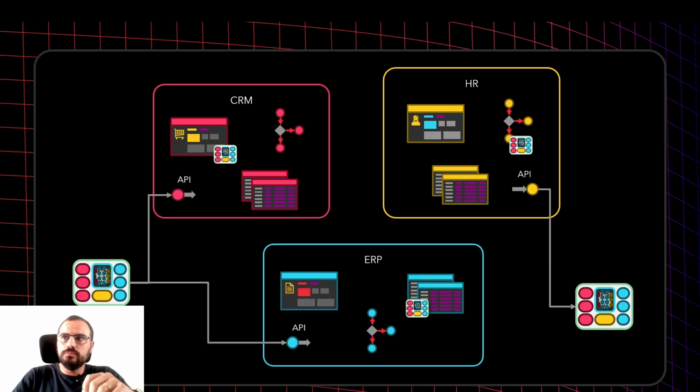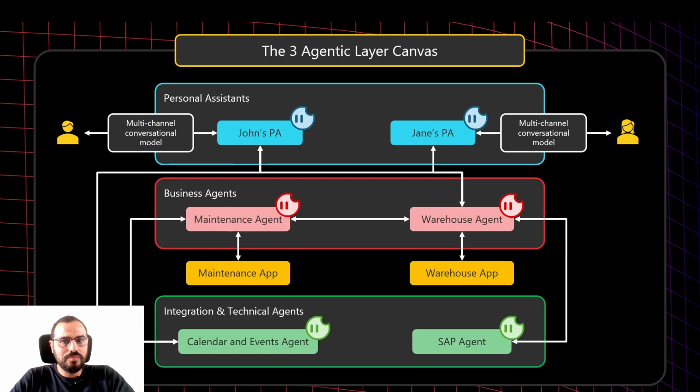And so, due to the reason that I started noticing that we could have these different layers of agents, I came up with what I call the three agentic layer canvas. And yes, this is based on the previous OutSystems 11 layer canvas, right? To have the UI, the logic, and the foundational level.